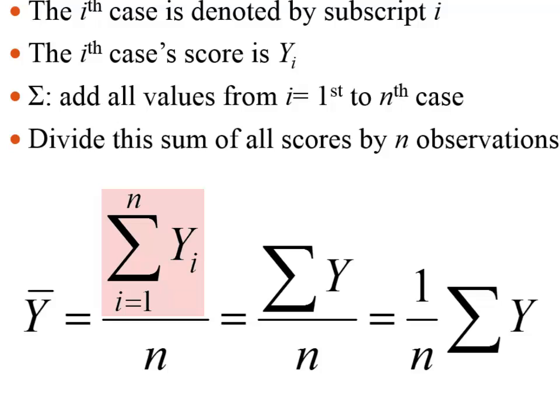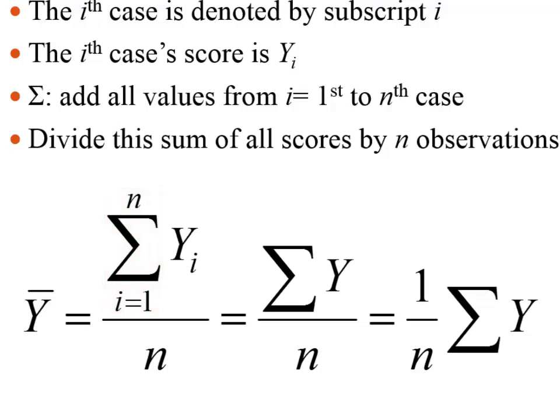The first case in our data set, i equals 1, the second case, i equals 2, the third case, i equals 3, and we have some number of cases in our sample, maybe 1,000, then n equals 1,000. When you see the summation, what that's telling us is to start at i equals 1 and add up all the values 1, 2, 3, 4, 5 associated with those particular i's.